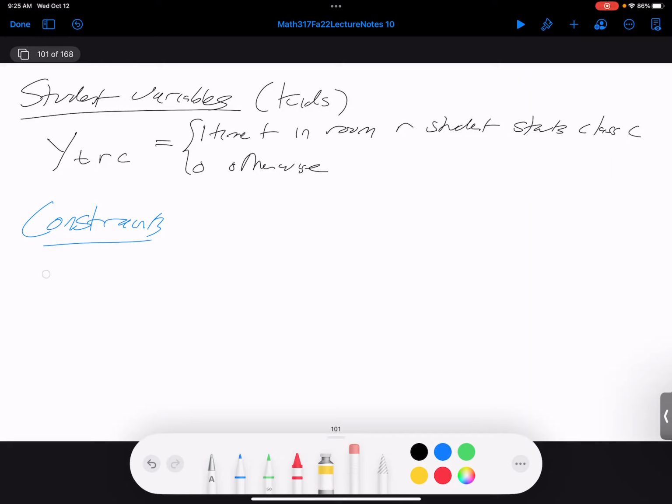It would be at time t, student, oh, oops, we should have a K. So student K starts class C. So in terms of order, it would be time t, room R, student K starts class C, because we have to say which student we are.